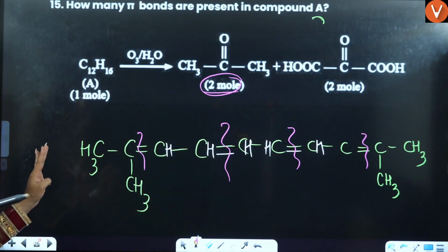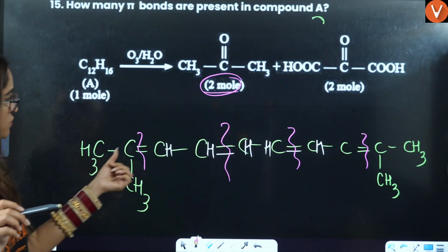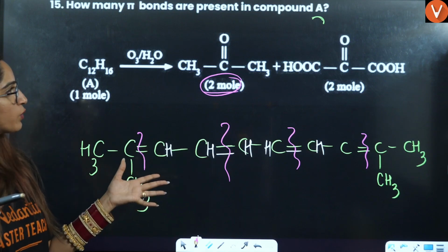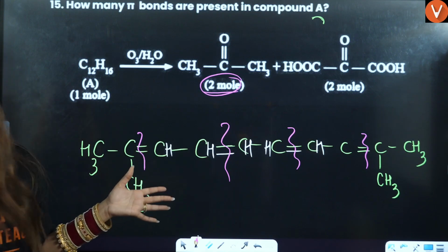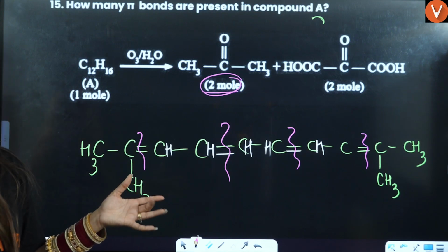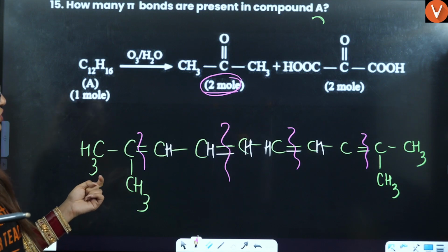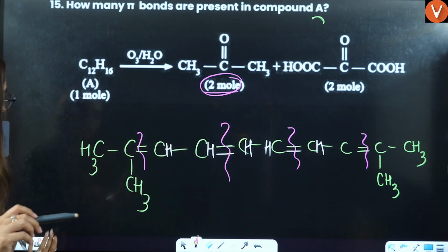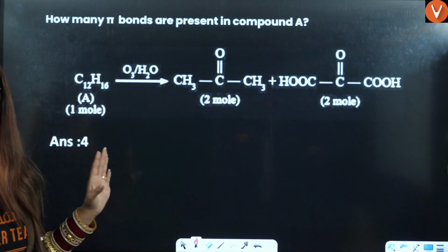Right? Okay? Understood? Yes, everybody. So this will be COH, C double bond O, COH. This is what you will get here. Okay, students? Understood that or not? So you can also link it here. By that you will have the formation of 4 moles here.